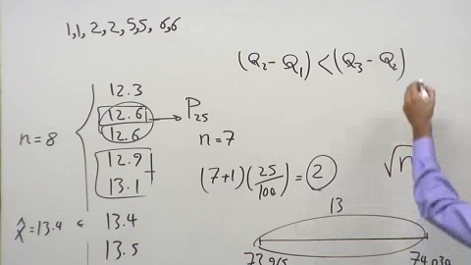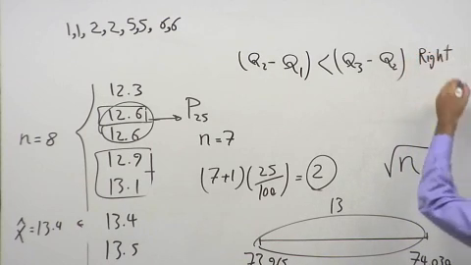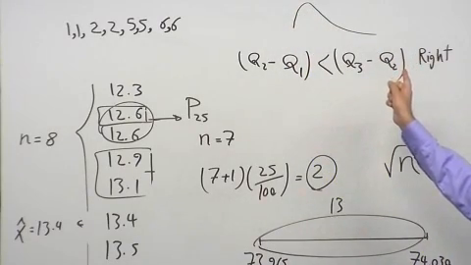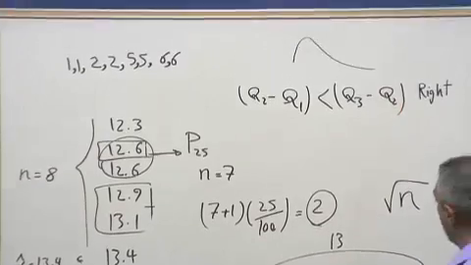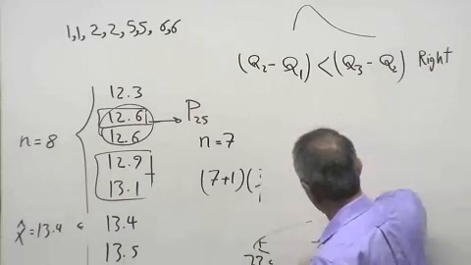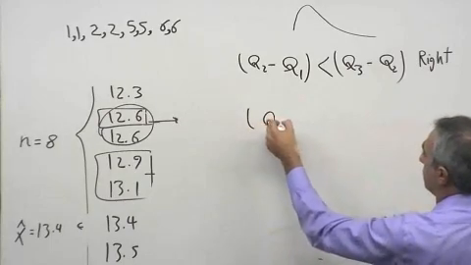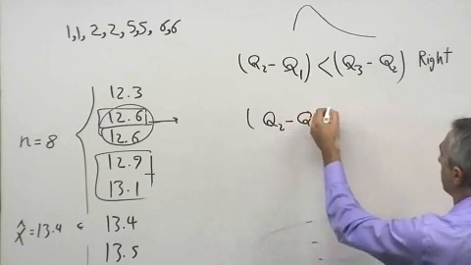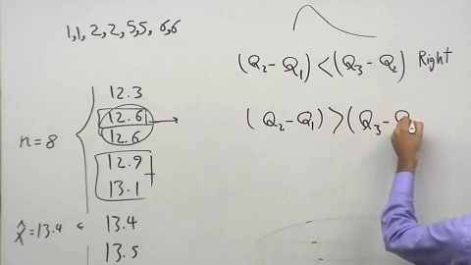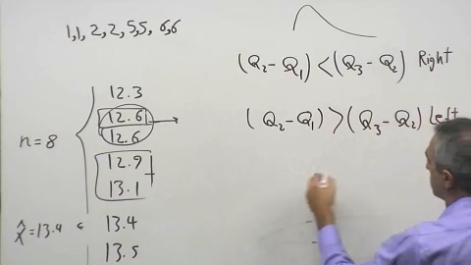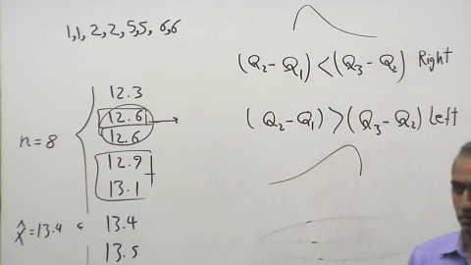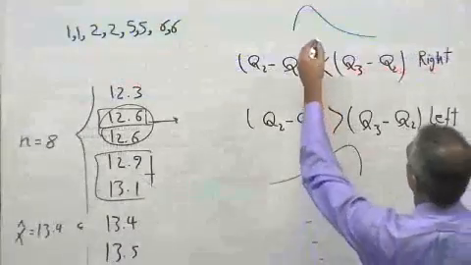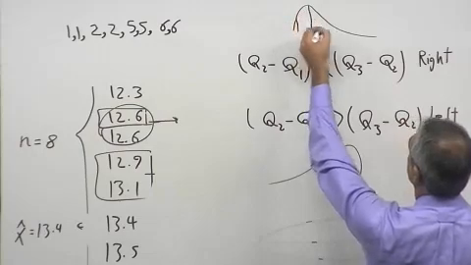It is right skewed, right? Because your distribution has a tail on the right. Okay? If it's the other way around, and Q2 minus Q1 is greater than Q3 minus Q2, then it's left skewed, which is this. Okay? Does it make sense? Actually, it's something like this. This is Q1, this is Q2, and this is Q3.